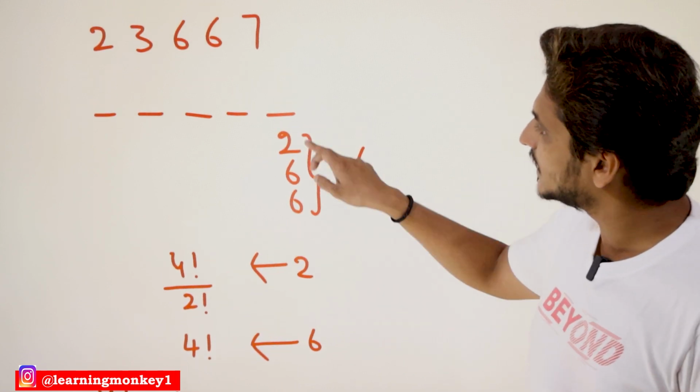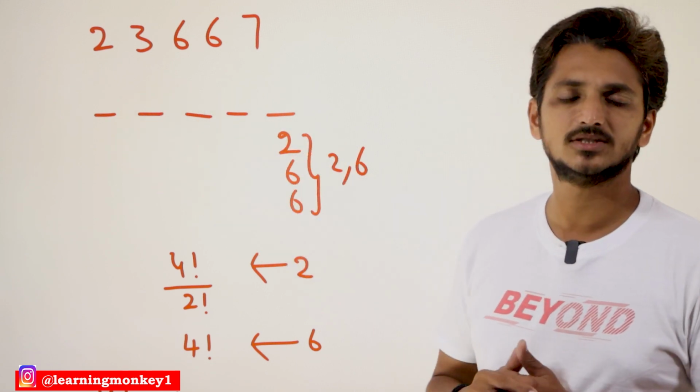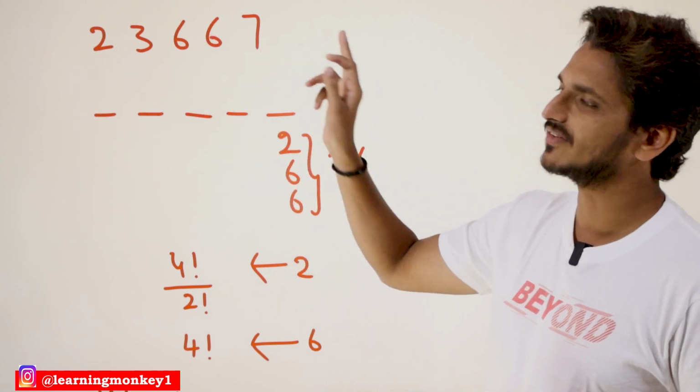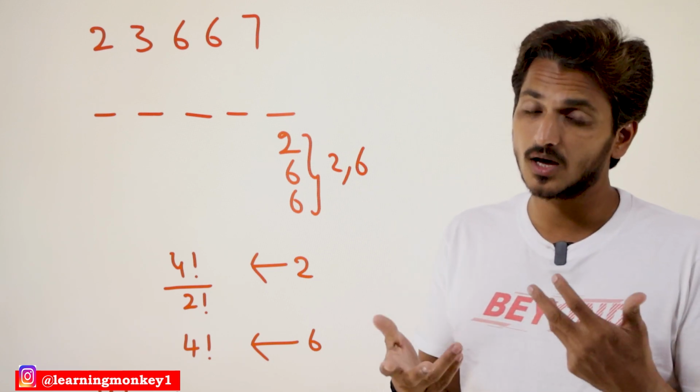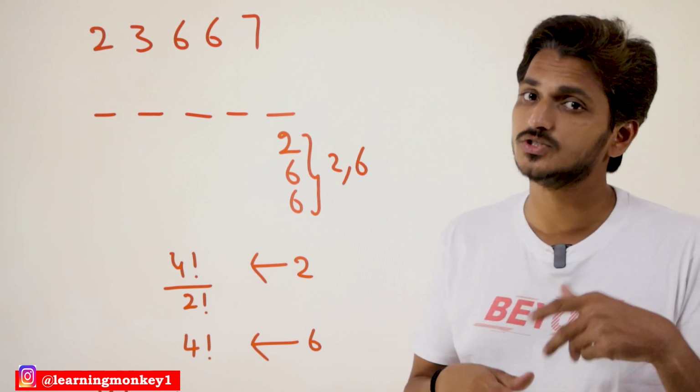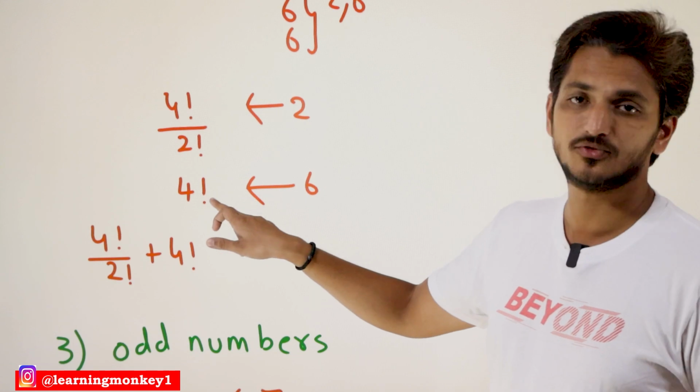But what happens if you place 6 here? If you place one 6 here, the remaining digits are 2, 3, 6, 7. Repetitions are not there, and the way you solve permutations without repetitions is different. So if you place 6 here, it is just 4 factorial.